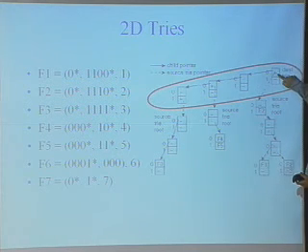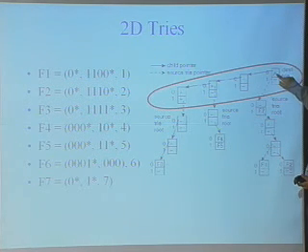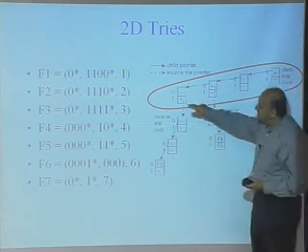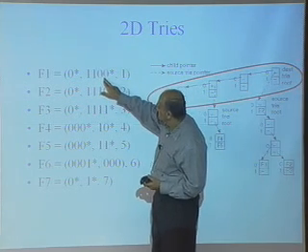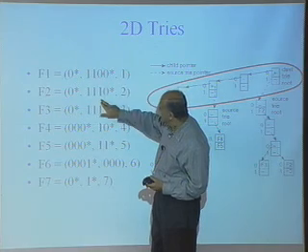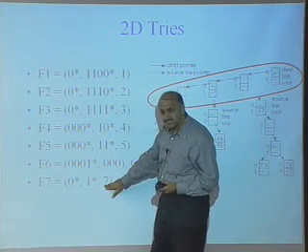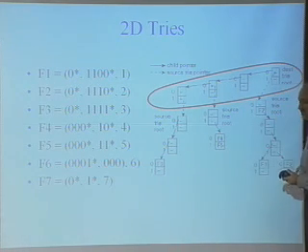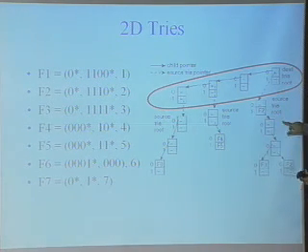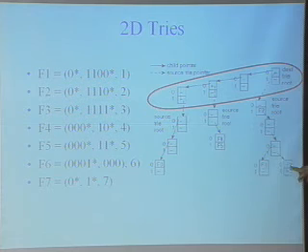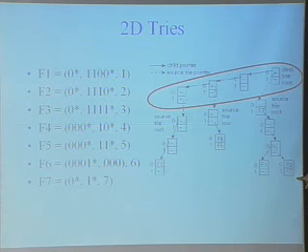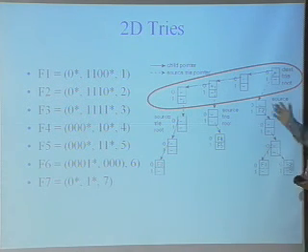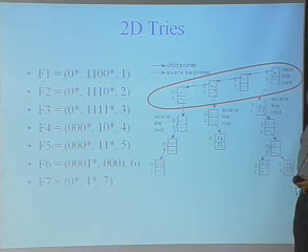So for example, this would be where you'd store 0 star. Okay. So 0 star has F1 with this source prefix, F2, F3, and F7. Okay. So those will show up here using the destination. So I've got an F7, an F1, F2, and F3. Okay. So you can build a 2-dimensional trie in this fashion.